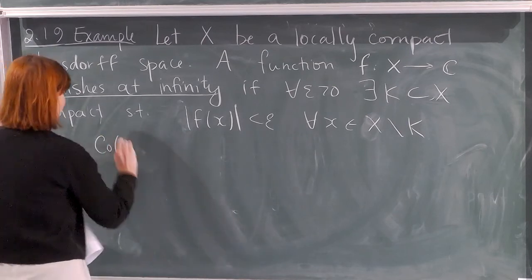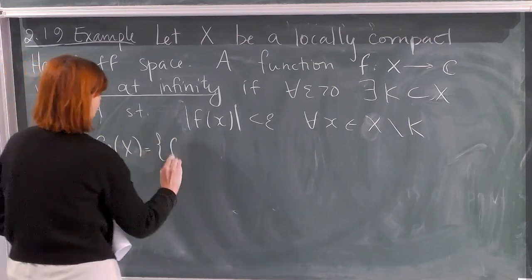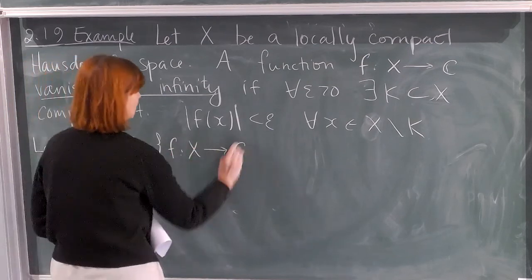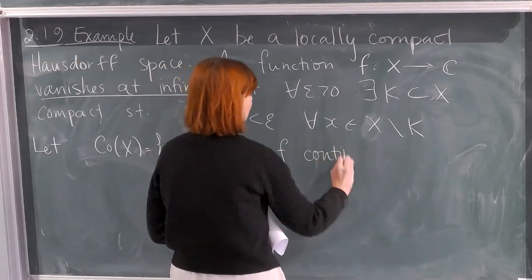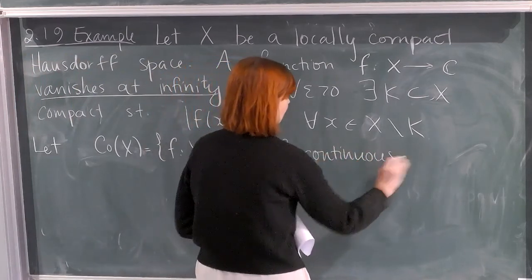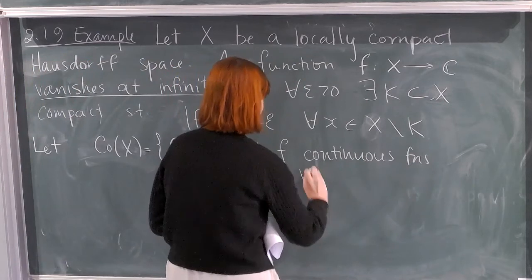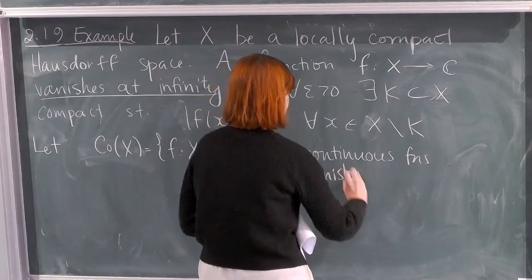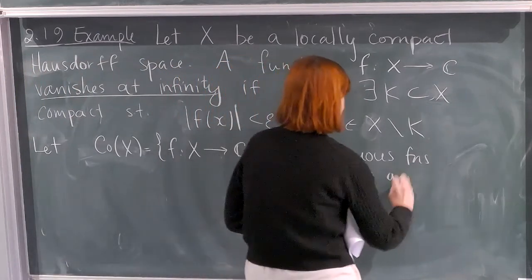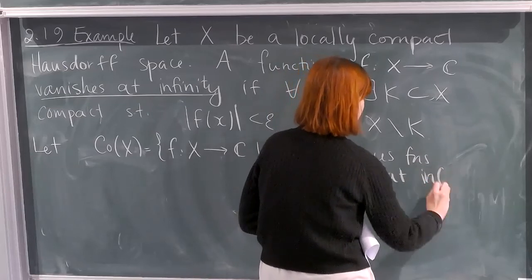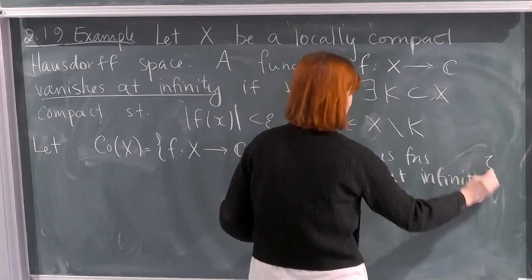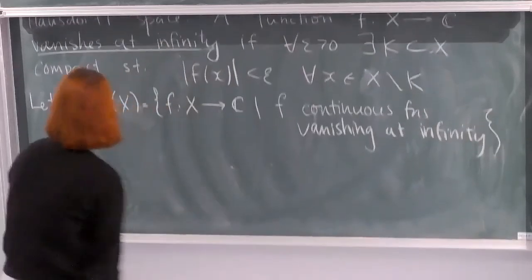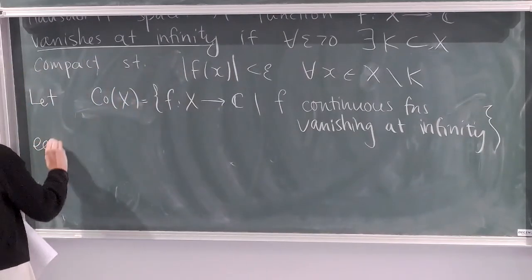So C0 of X is those continuous functions vanishing at infinity. And we equip this with pointwise operations.